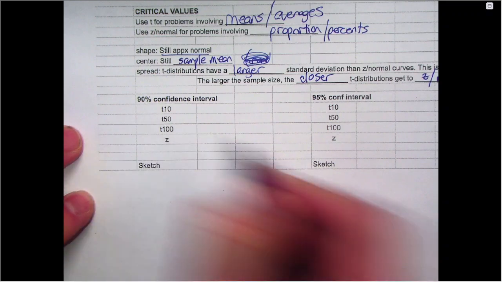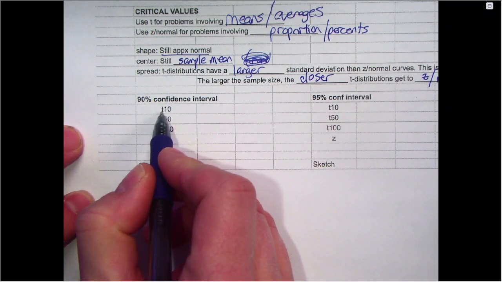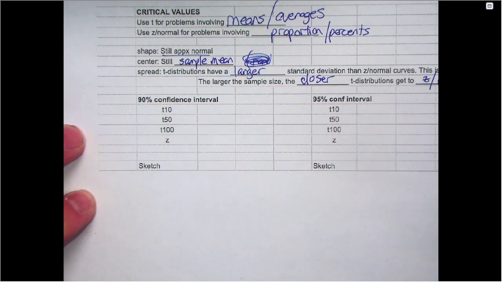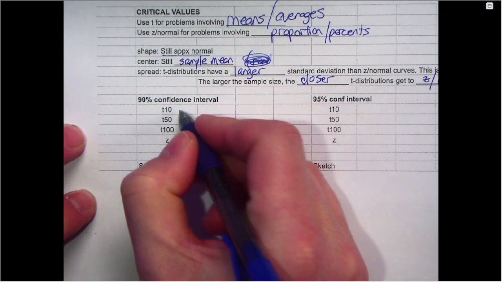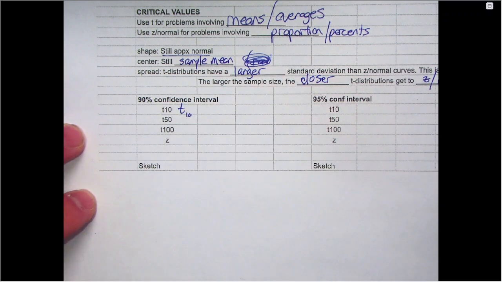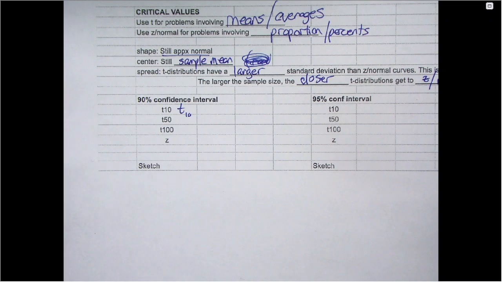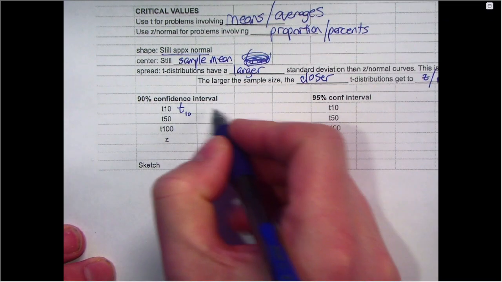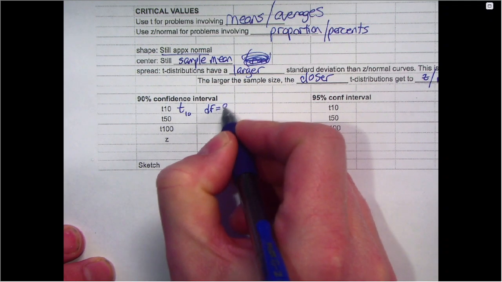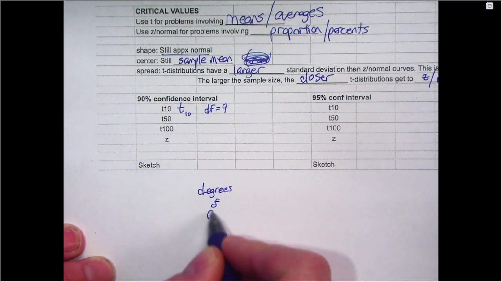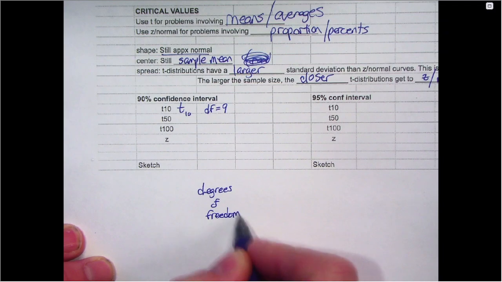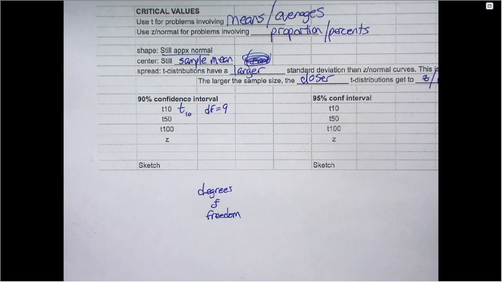So for t sub 10, this is supposed to be a t interval. I couldn't get it to do the sub in the cell. This is supposed to be a t interval with a sample size of 10. So what that means is the degrees of freedom, it's called, is 9. You don't really have to ever know what degrees of freedom is. I can explain it at some point.